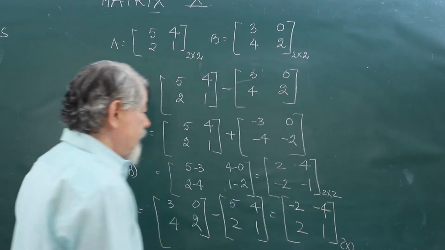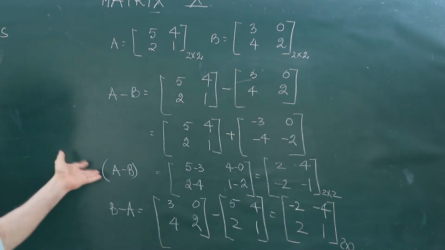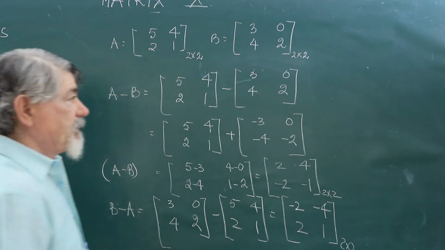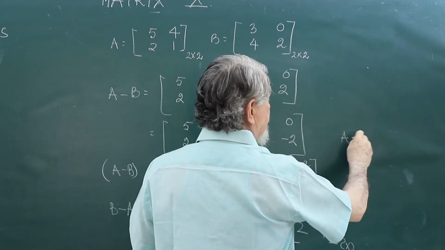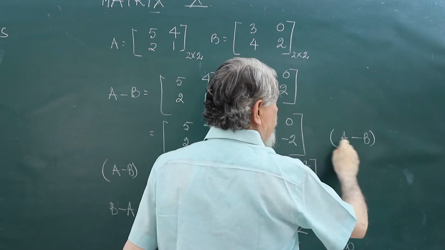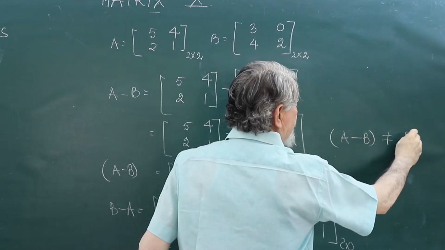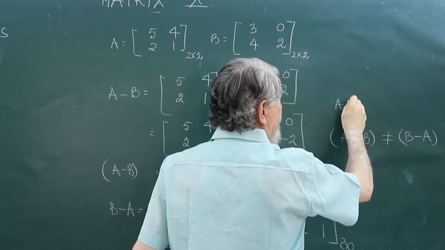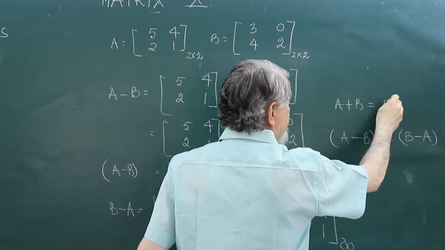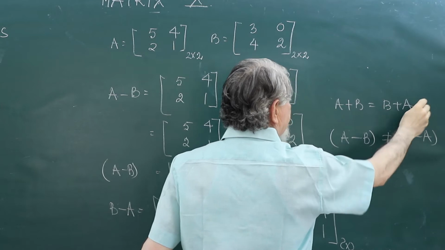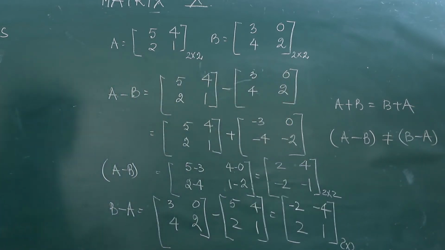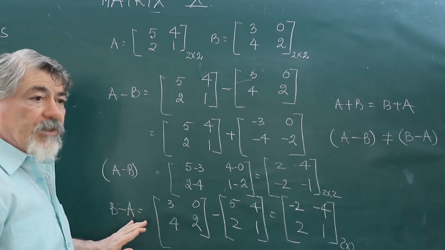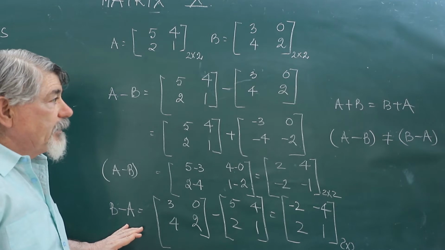Now you will realize that A minus B is not equal to B minus A, while A plus B was equal to B plus A. That is why we said that the commutative property is followed by addition of matrices. But here A minus B is not equal to B minus A.